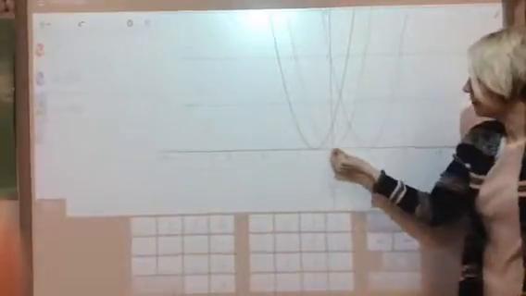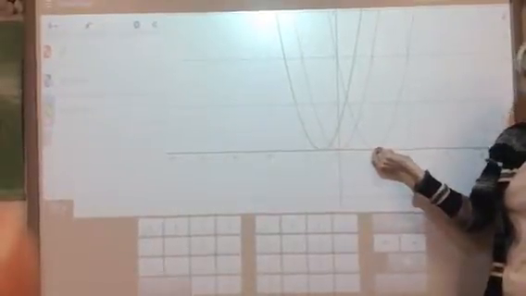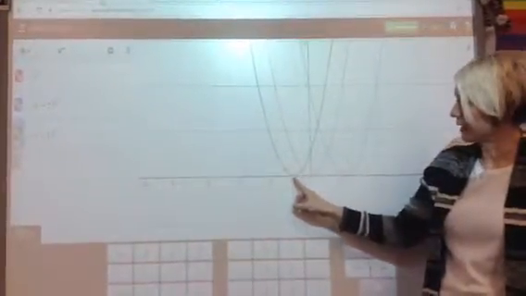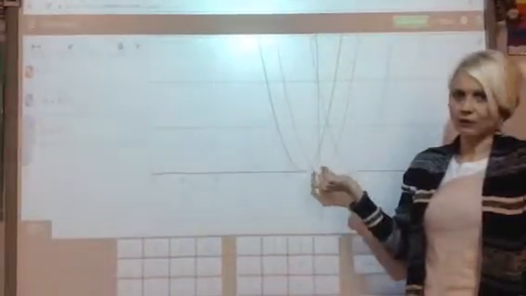Look at your blue graph. What's going to happen is, because I subtracted 2, it slides to the right 2. So if I subtract in the base, it's going to move right. Or in the case of the green, when I added 1 to the base, it's going to move left 1. So you're going to see movement left or right when you add or subtract to the base.